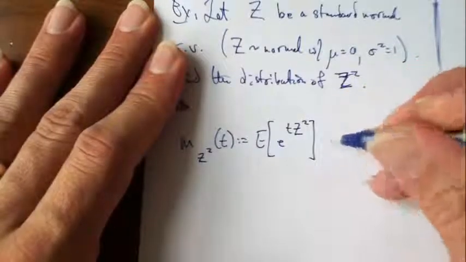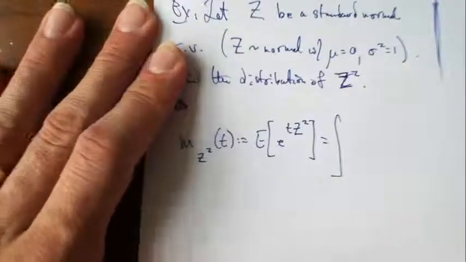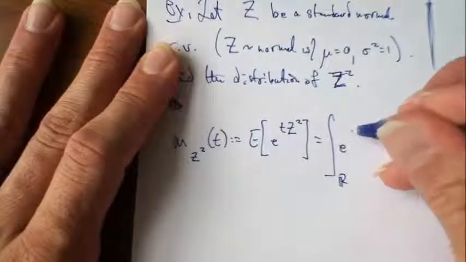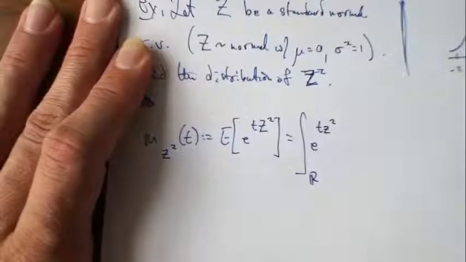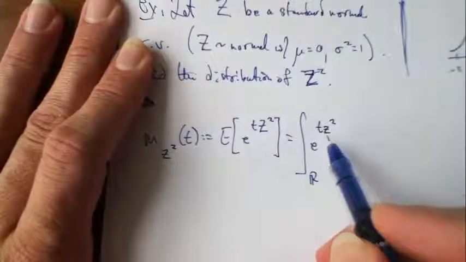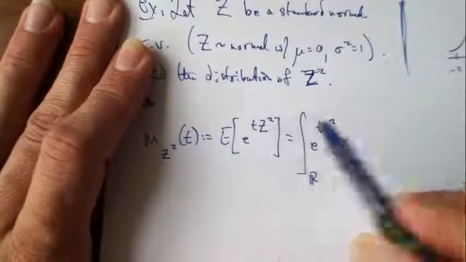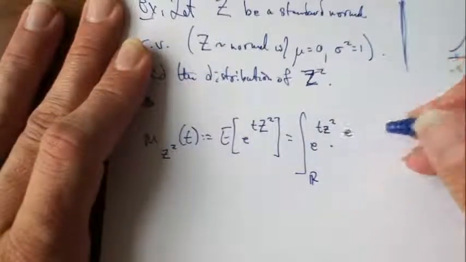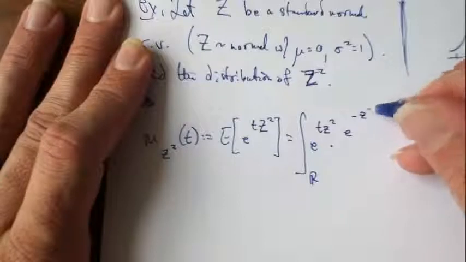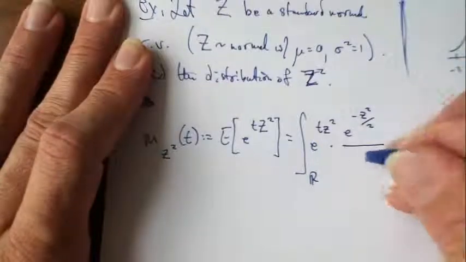It's just e to the t times the variable squared, like that. This is a little z, this is a big Z, times the density for a standard normal, which looks like that, over root 2 pi, dz.